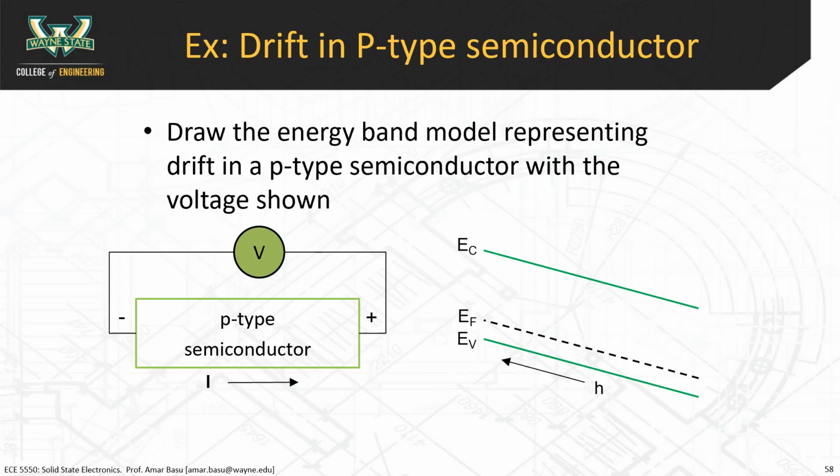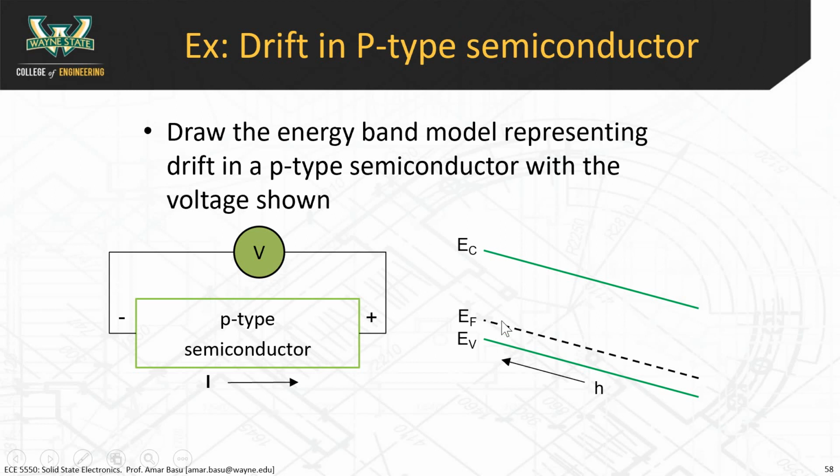So drift in a p-type semiconductor is similar. The holes go in the above direction. Like I've just drawn this, this is positive on the right. Whichever side is positive has a lower Fermi level, so the right side has a lower Fermi level. And one thing I think I forgot to mention is that EC and EV also tilt.